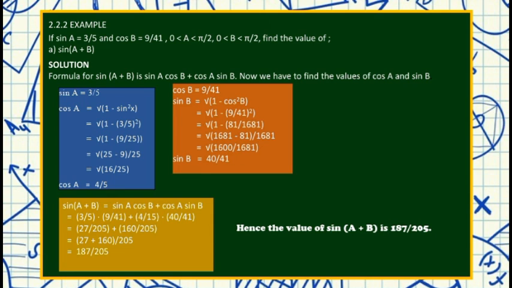So the value of sin(A + B) is 187 over 205.